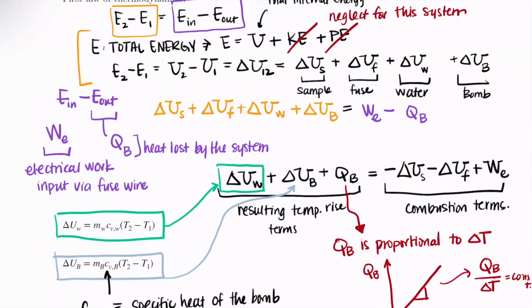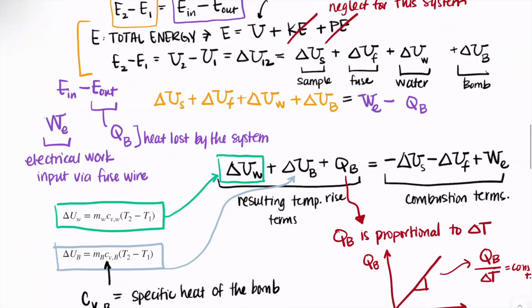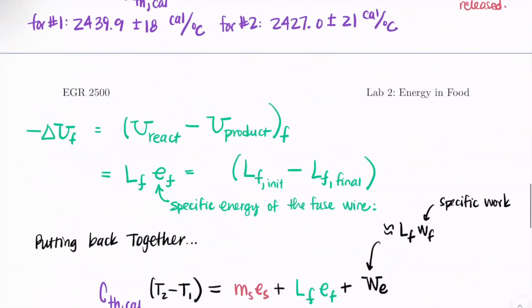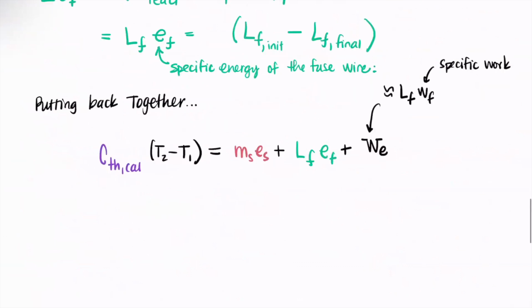Okay. So since I can rewrite that as LF times little WF, I'm going to group the LFs with EF and little WF.